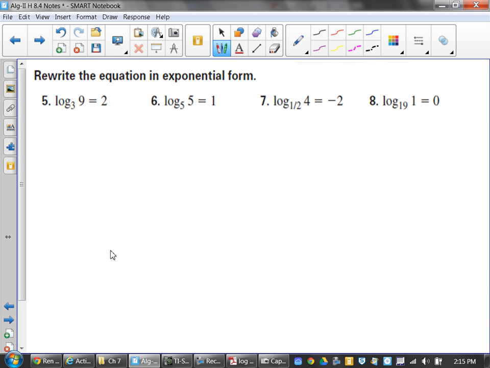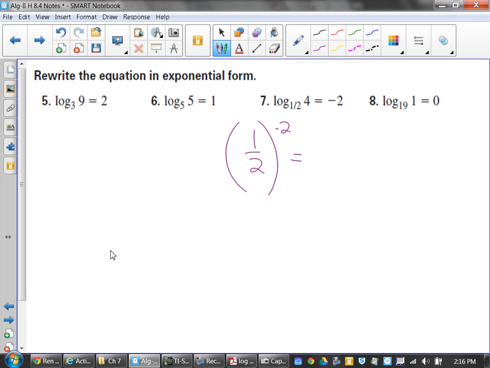I just say these out loud without having to write them all out. If I have log base 3 of 9 is 2, what would that be in exponential form? 3 squared is 9. Log base 5 of 5 is 1. 5 to the first power is 5. I want to write out this one just so you see how this is going. 1/2 to the -2.